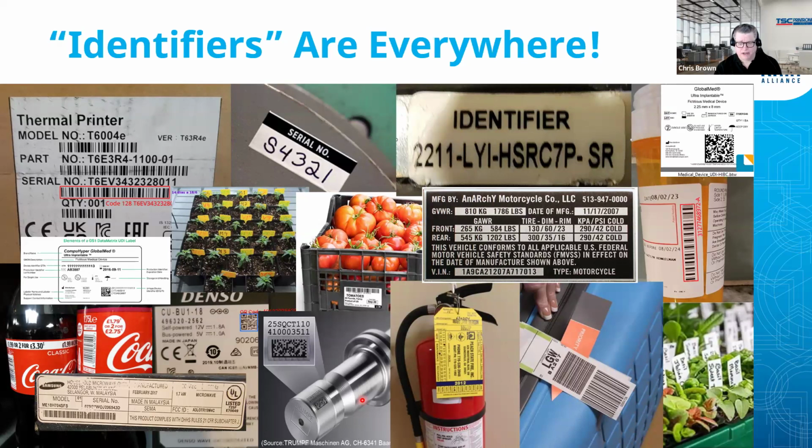That's another identifier. Just to the right of that, fire extinguisher with some handwritten identifier, and so on. So the point here is not to go through all of these, but just that if you open your eyes and look around, identifiers are everywhere. And today we're going to talk about converting these identifiers into RAIN RFID encodings.